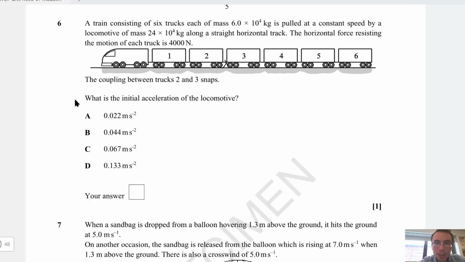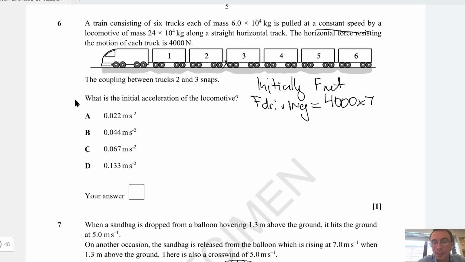Okay, so initially this thing was being pulled at a constant speed. So this means that all of the forces have to balance out, that the net force initially is 0. So this means that the driving force has to be equal to the total resistive force, which is going to be 4,000 times 7, because each of them is going to experience 4,000 newtons of resistive force.